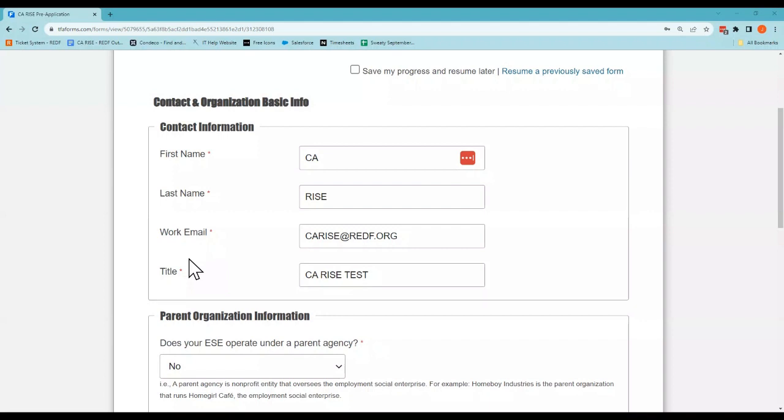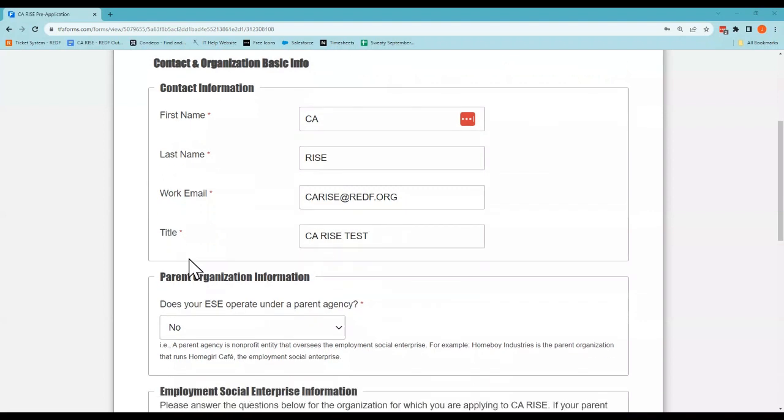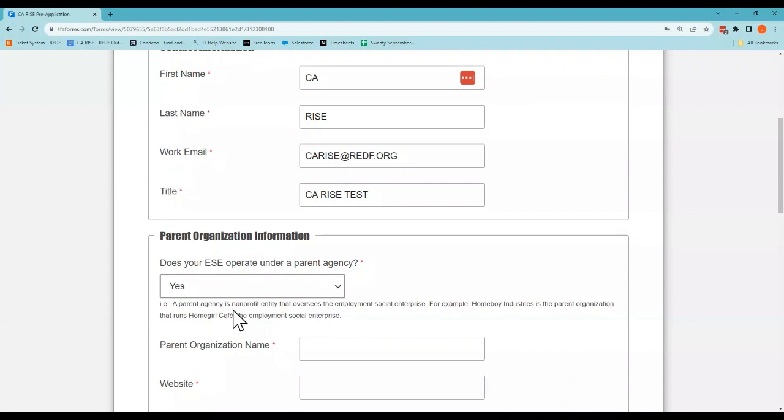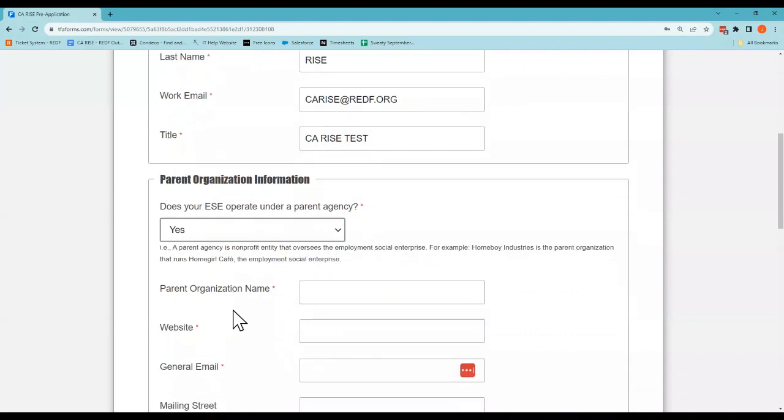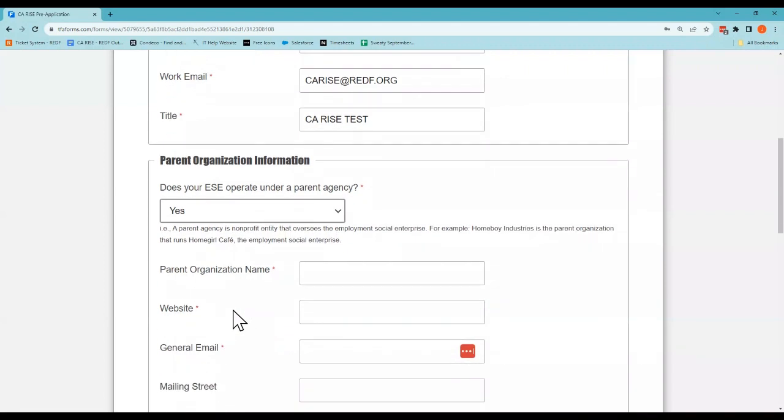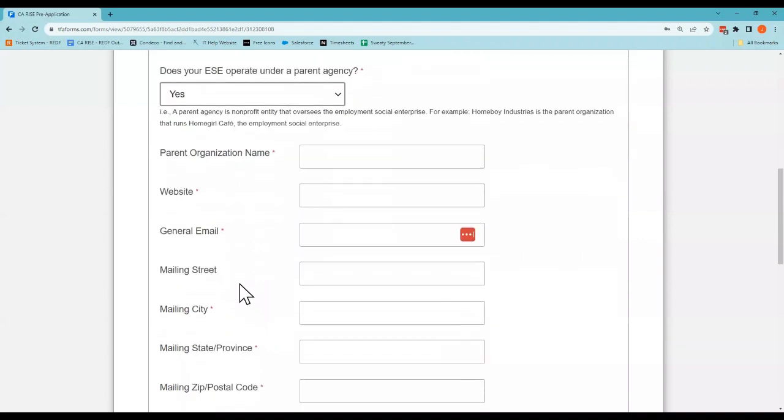All communications about the application status will be sent to this individual. The parent organization information question refers to an employment social enterprise that may operate as part of a larger organization. If this applies to your application, we will request basic contact information for the parent organization as well.